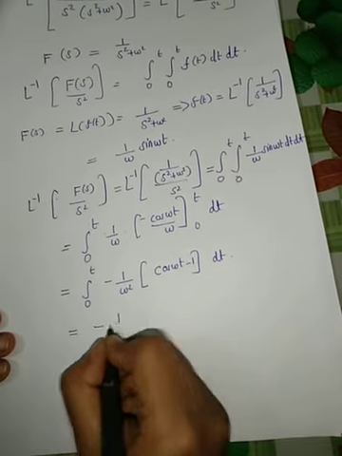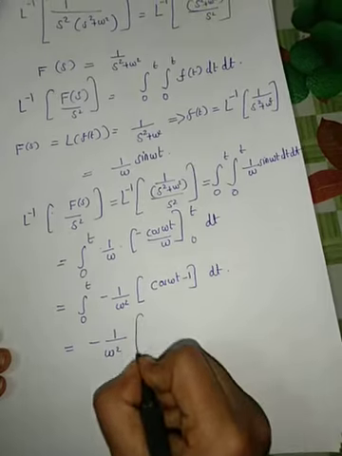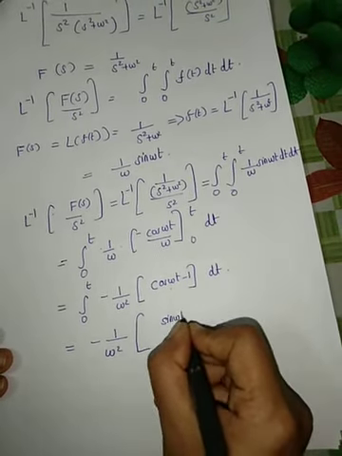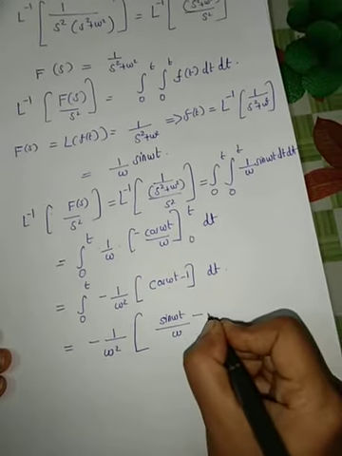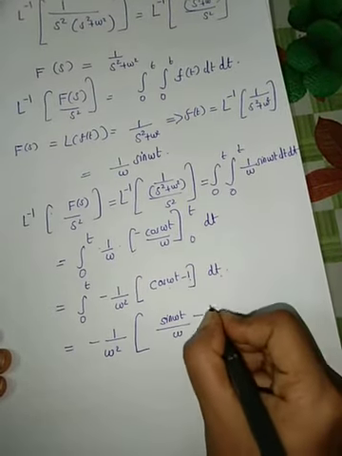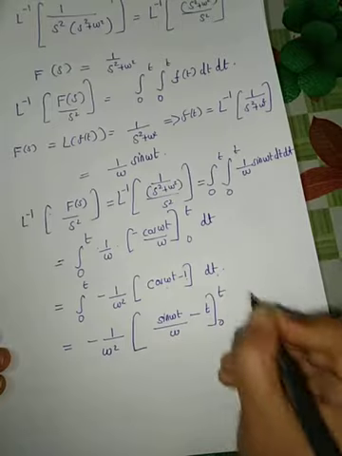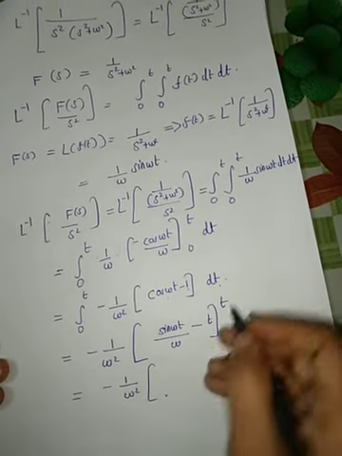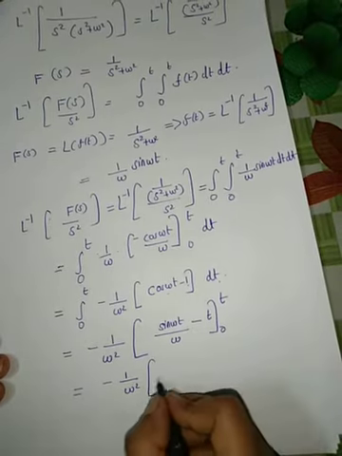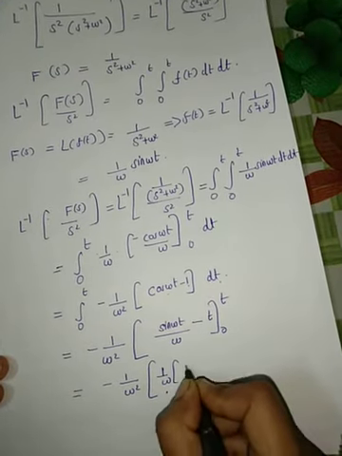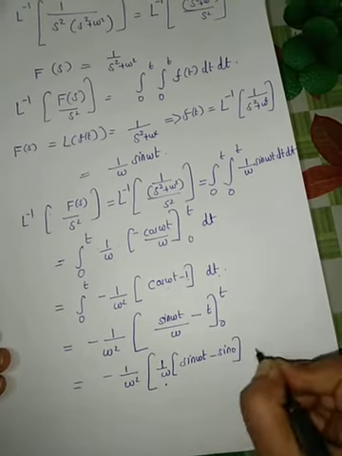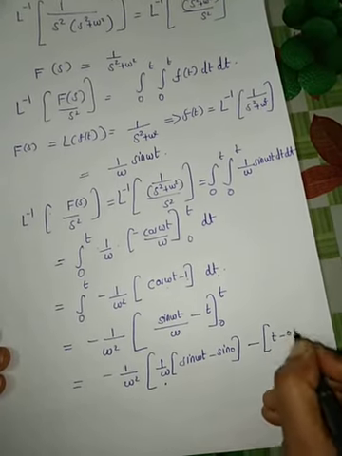Integrating, we get minus 1 by w square, which is a constant, so you can take it outside. The integral of cos wt is sin wt divided by w, minus the integral of 1 with respect to t, which is t, varying from 0 to t. That is equal to minus 1 by w square into, applying the limits to the first term, 1 by w into sin wt minus sin 0, then applying the limits to the second term, t minus 0.